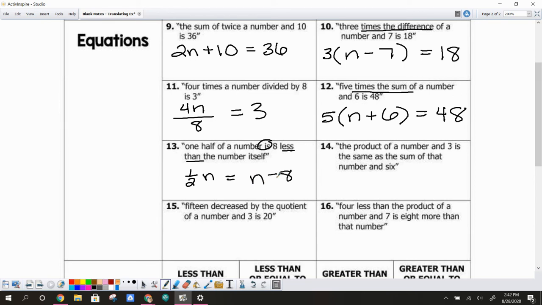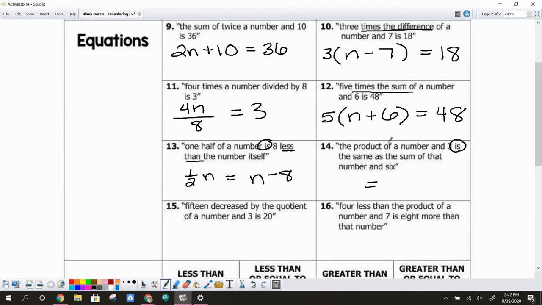For number 14, we have the product of a number and 3 is the same as the sum of that number and 6. So if you want to go ahead and pause these and try this one, that's fine. If you're still not comfortable, just follow along with me. So I'm going to first identify where my is statement is. It's right here. Okay, so I'm going to have my equals, and I know everything in front of that is on this side, and everything after that is on this side.